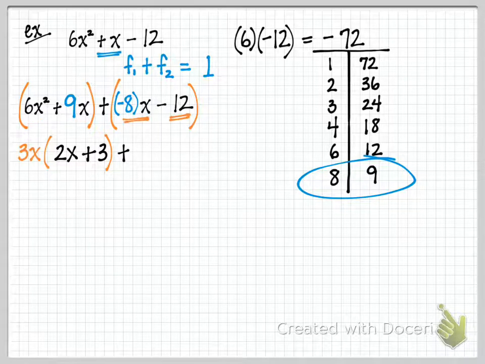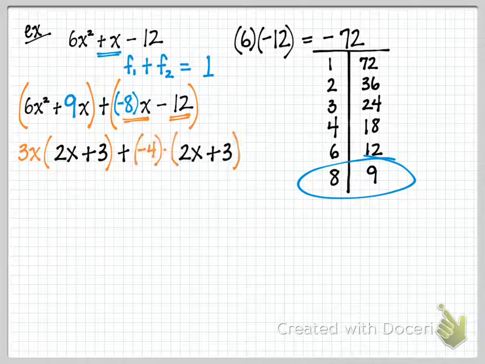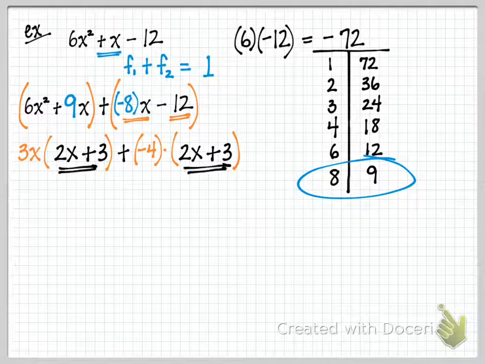In the second group, I notice that negative 8x and negative 12 are both divisible by negative 4, so I factor that out. Once I've done that initial factoring, I notice that in the first group, 6x squared plus 9x, there's a common factor of 2x plus 3 here and 2x plus 3 here.